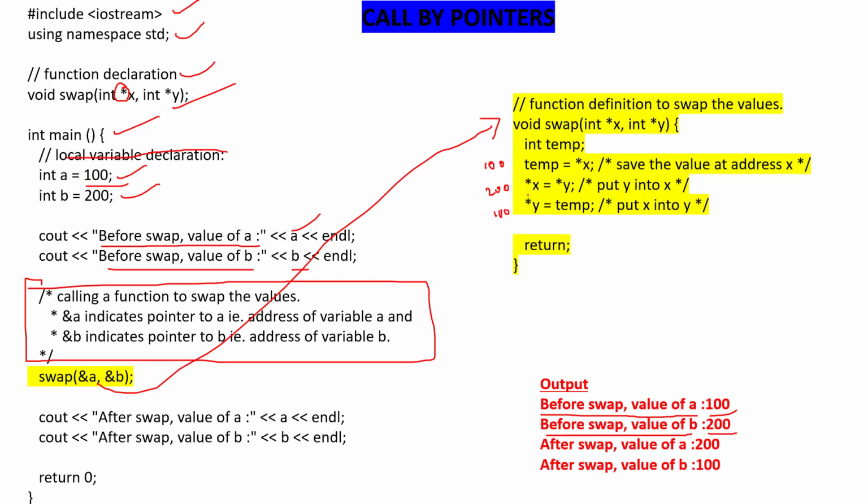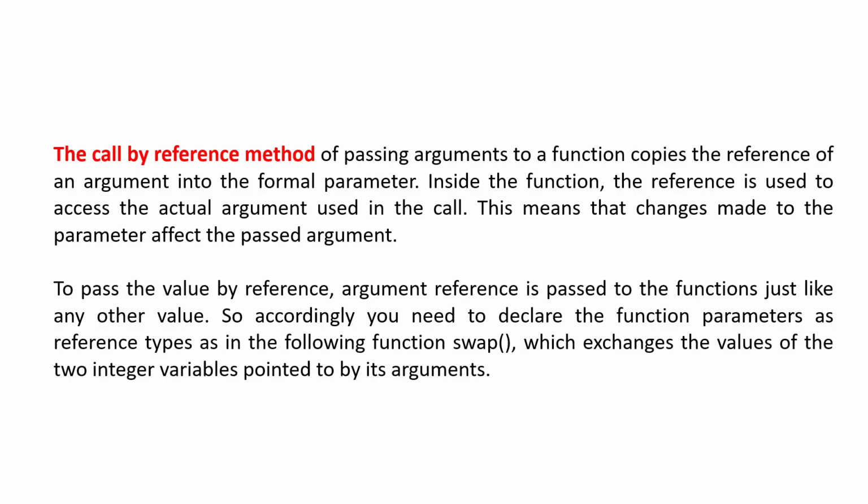So here the new value at x's address is 200, and the new value at y's address is 100. This will be reflected in the main function because of this ampersand and this pointer type. That's why after swap, value of a is 200 and value of b is 100. So this is basically the difference between the calling options, whether it's value or pointers.